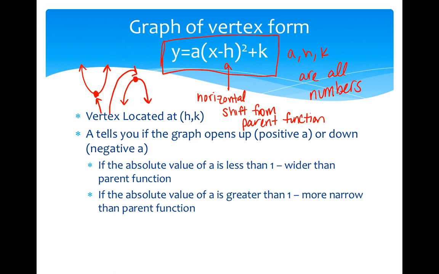And then the k tells you about the vertical shift from the parent function. Let me go ahead and box this off here so we can kind of separate it. Your horizontal shift is always the opposite of the direction you might think, and you'll see what I mean by that in just a minute.